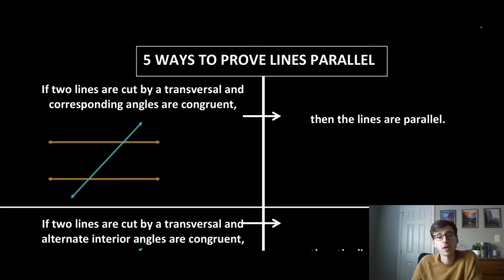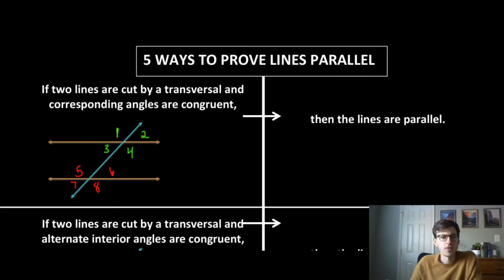If you watch my last video, then these should be familiar. So if two lines are cut by a transversal and the corresponding angles are congruent. Remember, last time I always labeled these angles 1, 2, 3, and 4, 5, 6, 7, and 8.